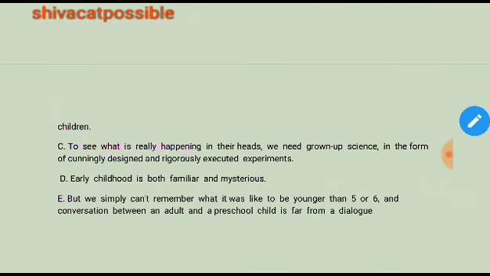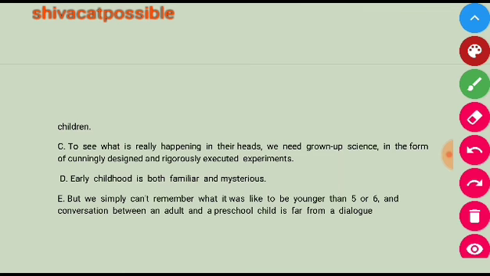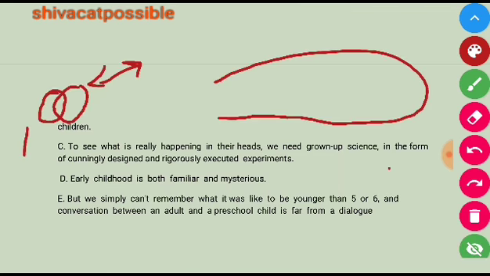Now, option C is to see what is really happening in their heads. We knew it through grown-up science in the form of cunningly designed and rigorously executed experiments. Fourth option is early childhood is both familiar and mysterious, but we simply cannot remember it. It cannot be a starting word.